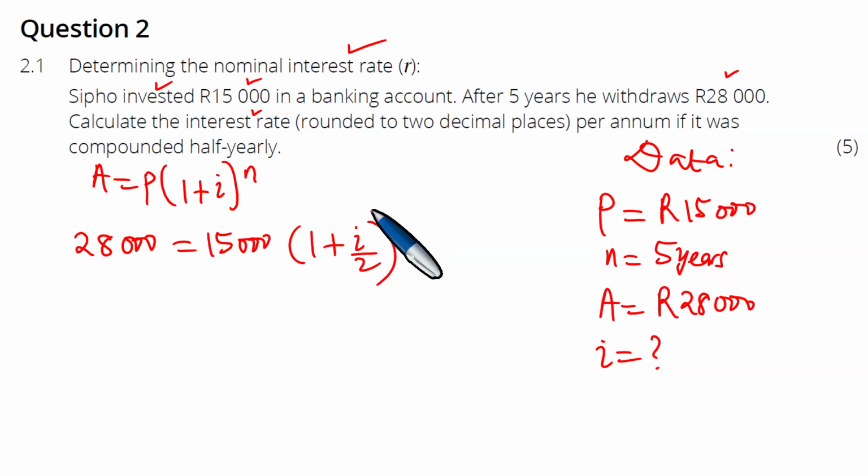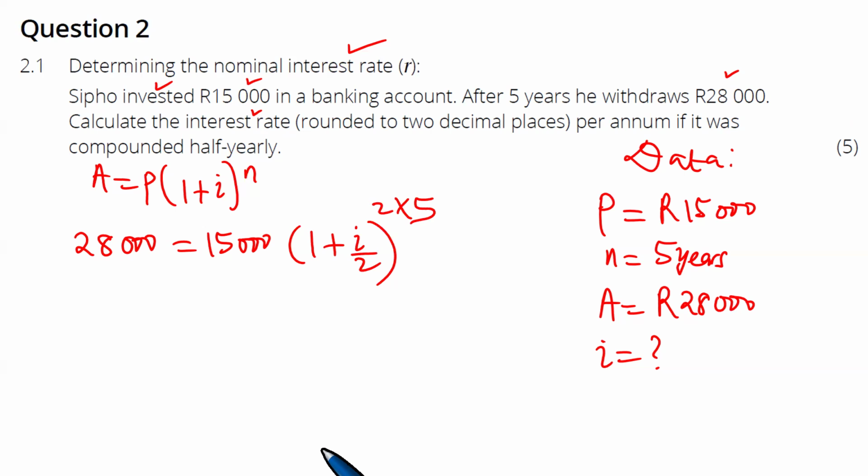And also the n you multiply by 2 because every year has 2 half years. Exactly that way.